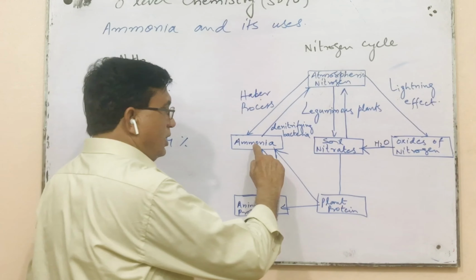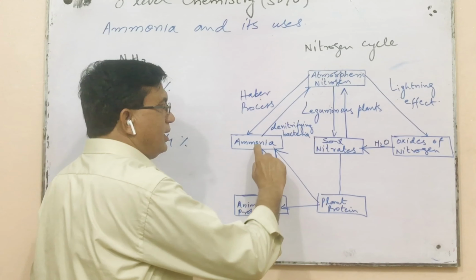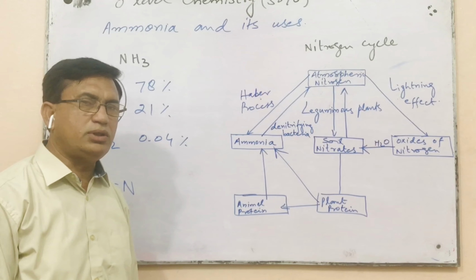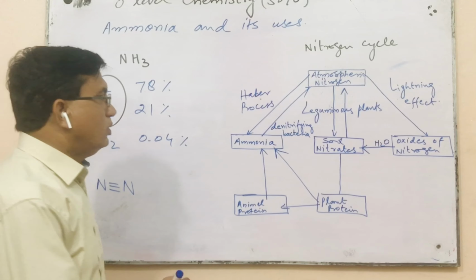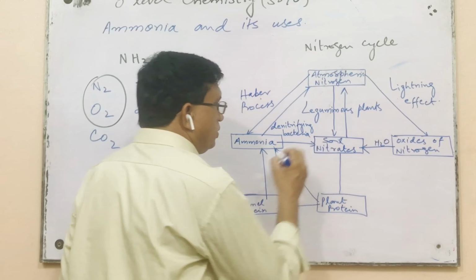Now, this ammonia, by denitrifying bacteria, can be changed back into atmospheric nitrogen. This ammonia can also change into soil nitrates.